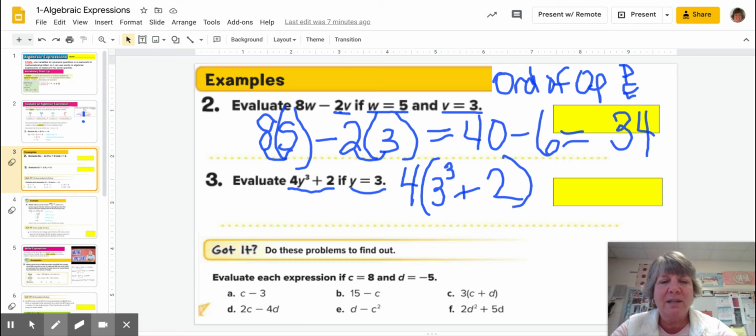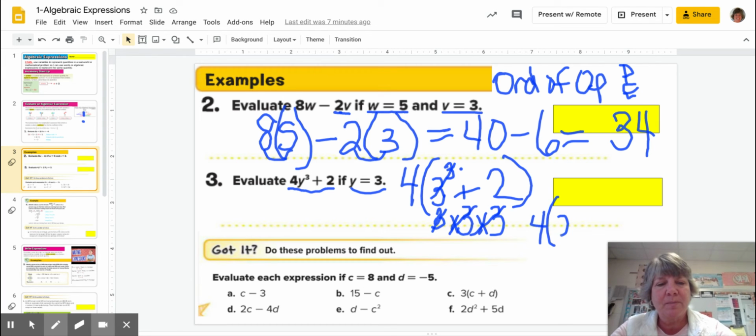Okay, so what is 3 to the third power? Well, that means 3 times 3 times 3. Okay, and you will finish solving. 3 times 3 is 9. 9 times 3 is 27. So 3 to the third power is 27.